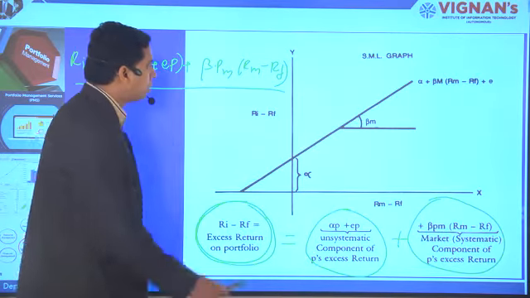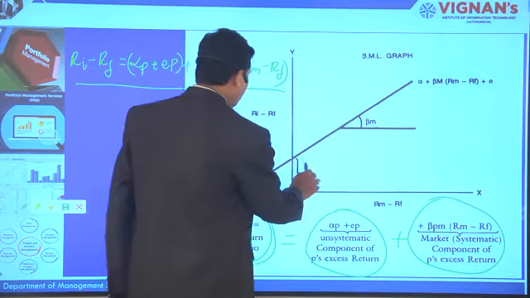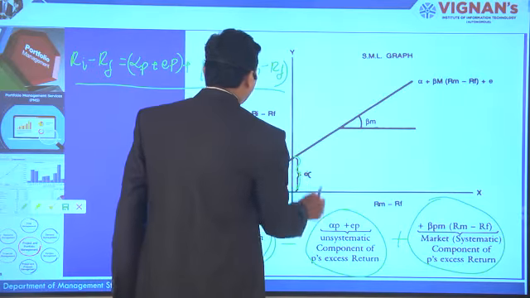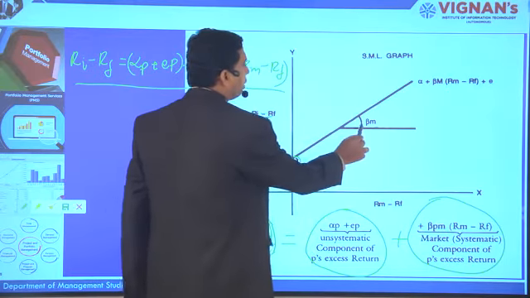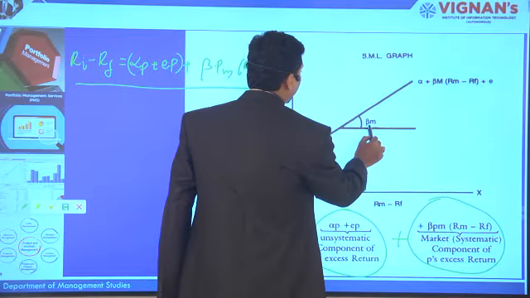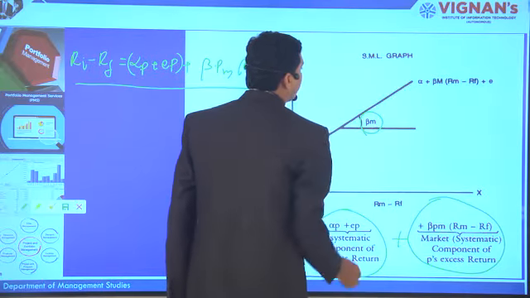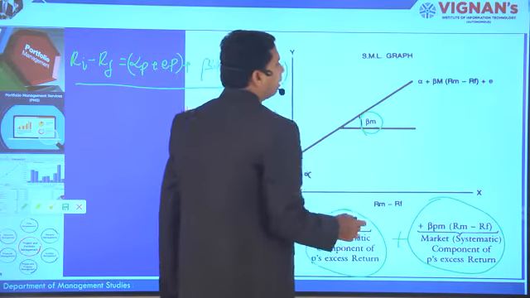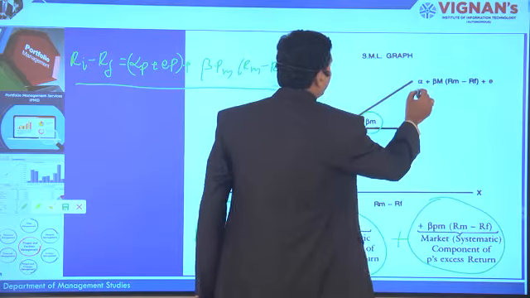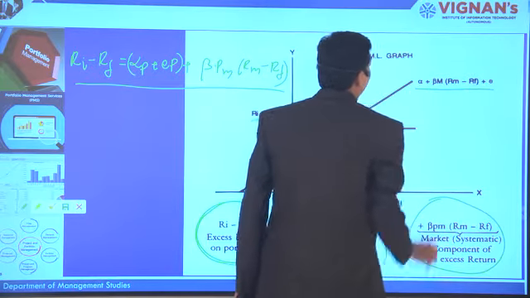This is the alpha you can see here, and beta m is the market beta of the portfolio.